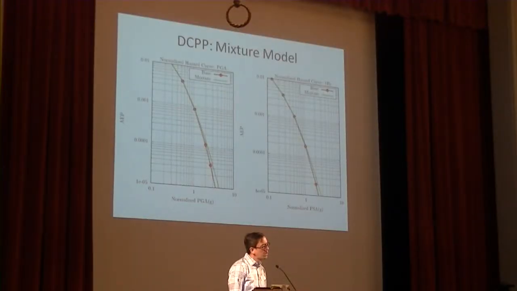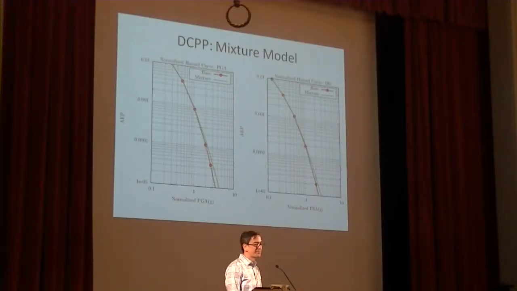Sort of the bottom line model at 10 to the minus fifth years, you're out at about 3G. Is that right? 3G acceleration at 1 hertz? Well, no, these are normalized, Tom. So the x-axis has been normalized by a different factor. So you don't want to read off the absolute value and say it's 3G at 10 to the minus 5. It's been normalized because we're only interested in the relative change.